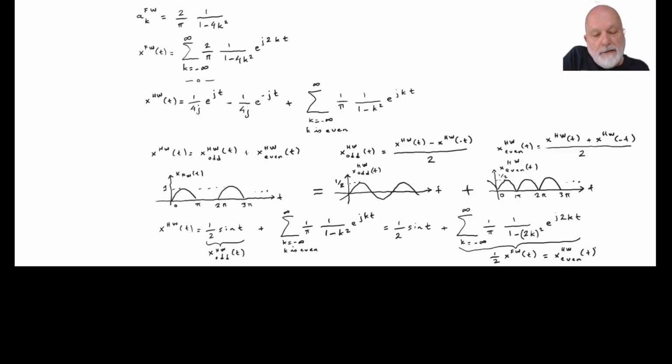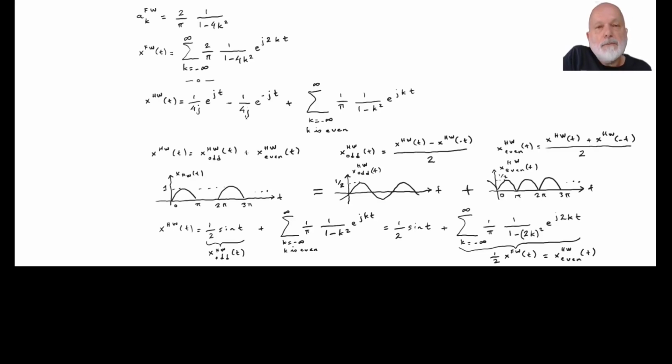Now, in the half wave rectified sine signal, we observe that the odd part has pure imaginary coefficients, 1 over 4j and minus 1 over 4j, and the even part, as expected, will have real valued coefficients because our original signal is real valued.